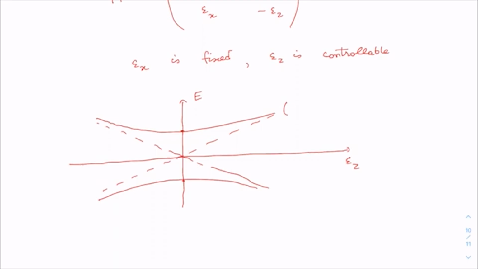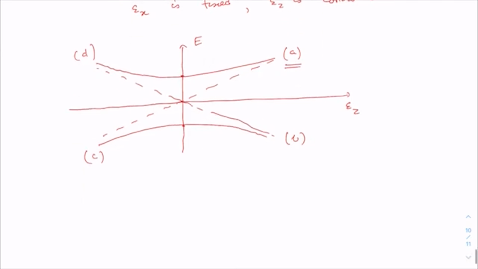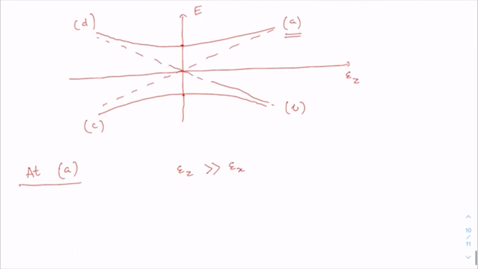That means at the point A, the point B, the point C, and the point D. To do that, let me first show you how to get it at the point A. At A, in the asymptotic limit, epsilon z is much greater than epsilon x, and therefore I can take E to be nearly equal to epsilon z.